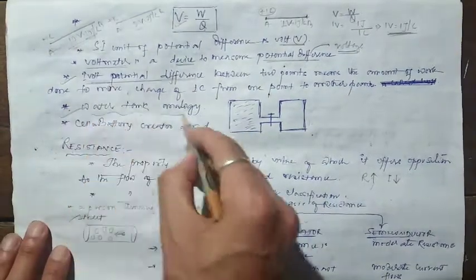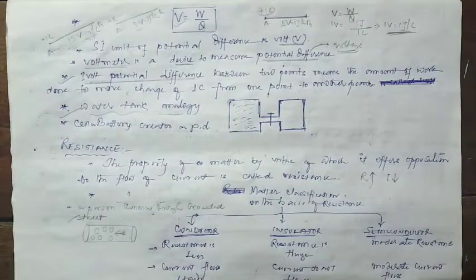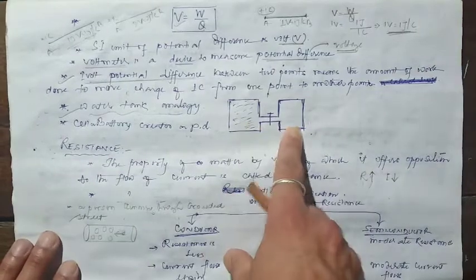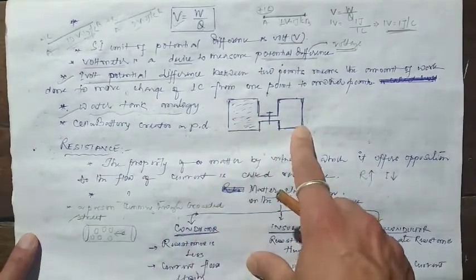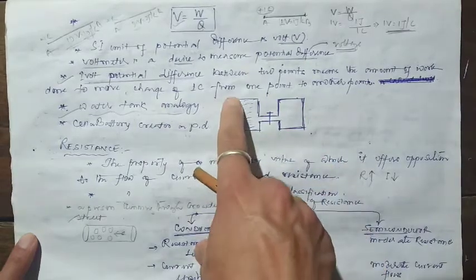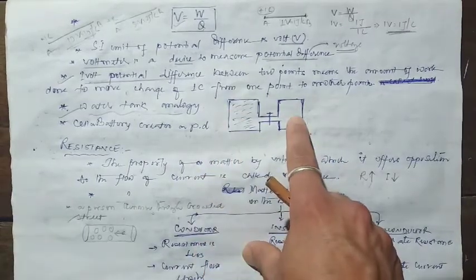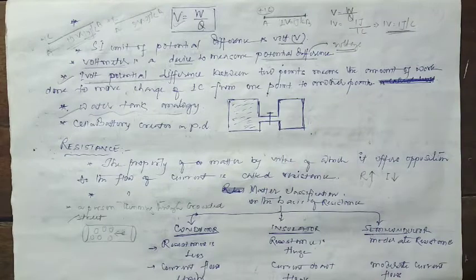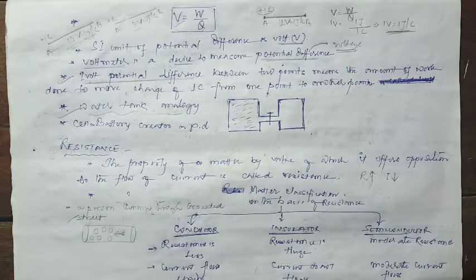Water tank analogy, which we have already discussed. There are 2 tanks, one full of water, another one empty. There is a valve regulating the flow of water. If I open this valve, the water starts flowing and this flow continues till there is a water level difference. The moment the water level equalizes, the water flow stops.